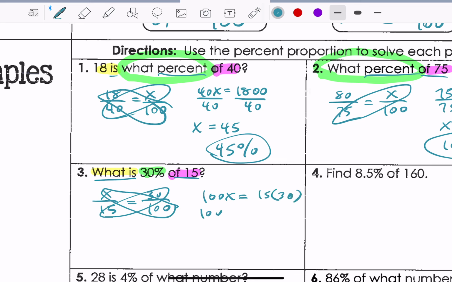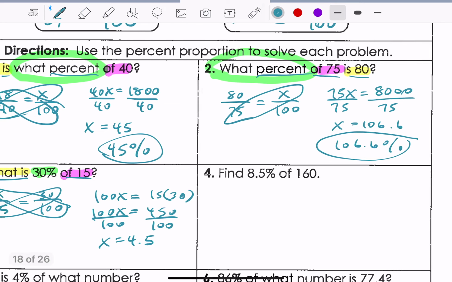I've got to do the math on that. I can't do that one in my head. I get 450. I divide both sides by 100 to solve, and I get x is equal to 4.5. This one I can actually leave as 4.5 because it's a number. 4.5 is 30% of 15. So it's not a percent, it's just a number.